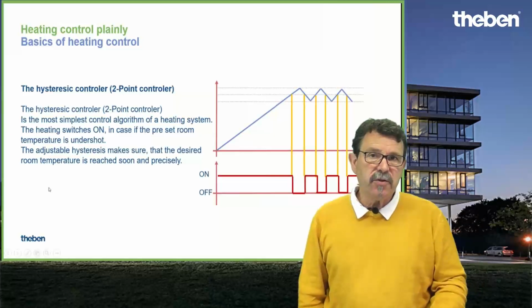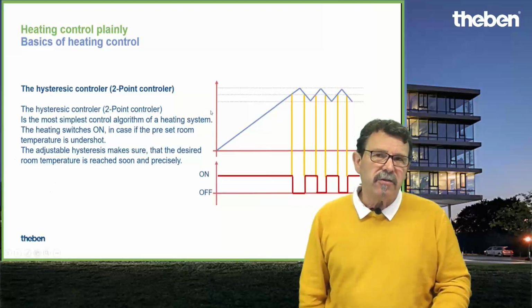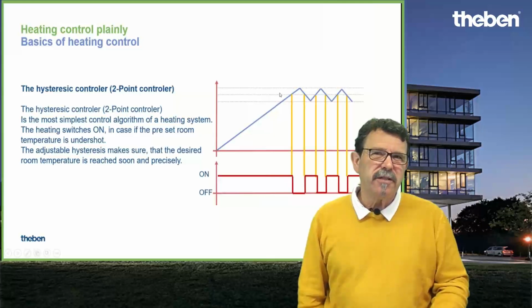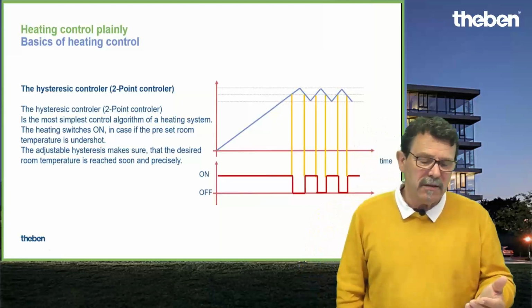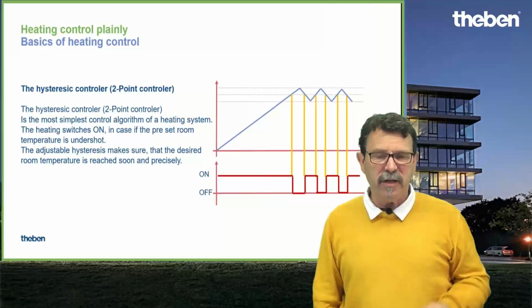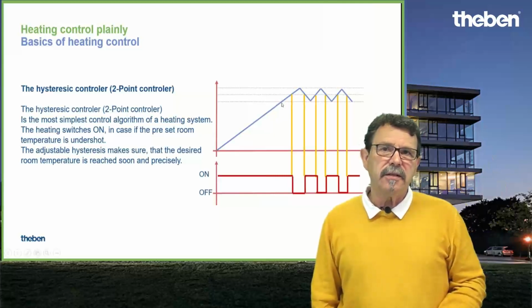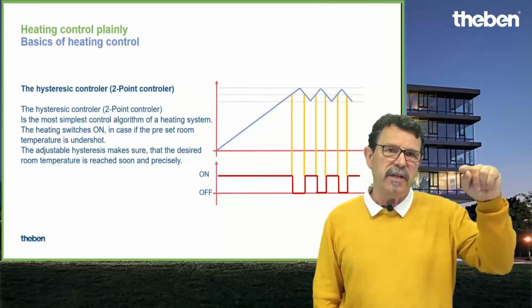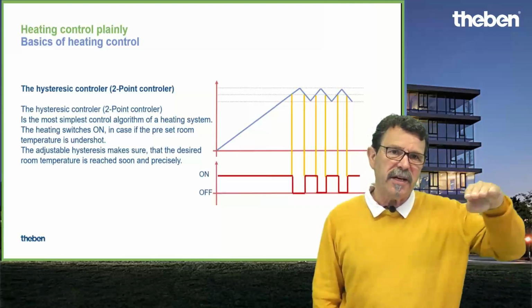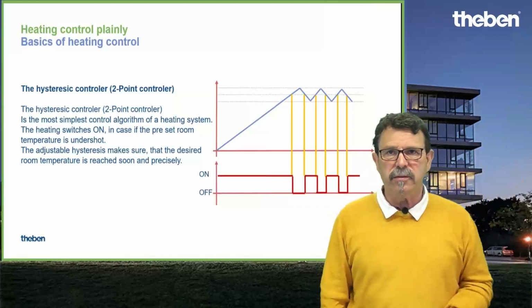For the hysteresis control, you have to imagine this is your desired temperature, and the hysteresis control has a certain hysteresis, let's call it a tolerance below and a tolerance above. The bigger the hysteresis is, the more inaccurate the heating is, because it's always cycling around your desired temperature.